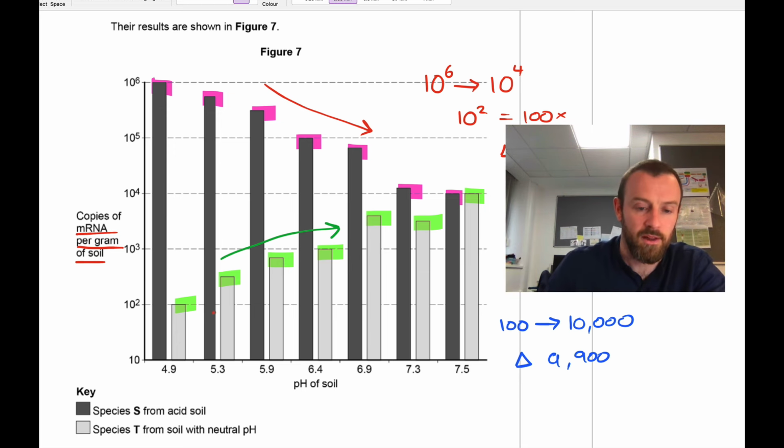So like if we're looking at this green one trending here, we're just getting more division of cells as the pH of the soil increases, but the frequency of copies of mRNA in each cell is the same? Or is it the opposite? Is the rate of growth of bacteria staying constant, but the expression of mRNA is changing?